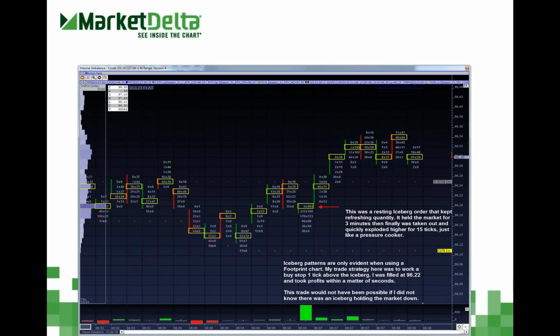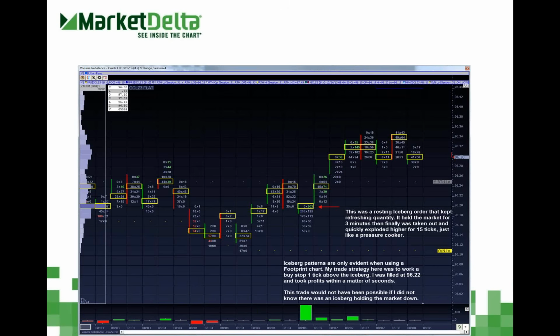And it was an iceberg order. Once this number, I'm looking at this number right here, guys, once this number hit 250, I was like, whoa, there's clearly an iceberg, and I was watching it play out in real time. I'm not suggesting this strategy, but this is what I did.